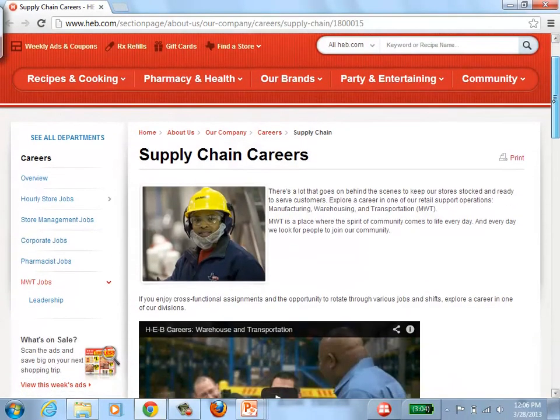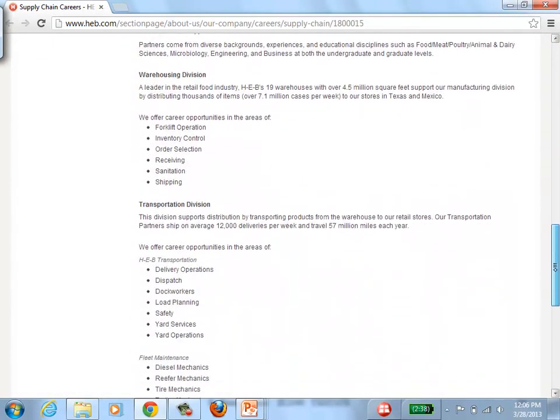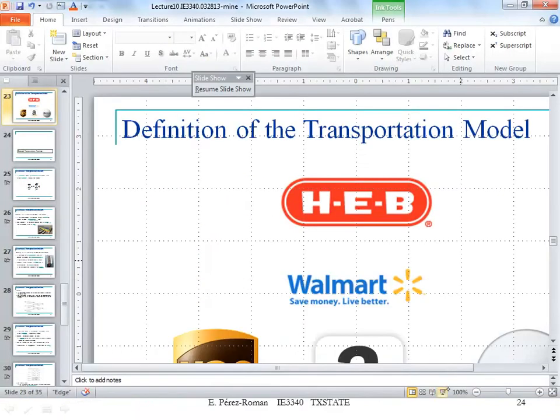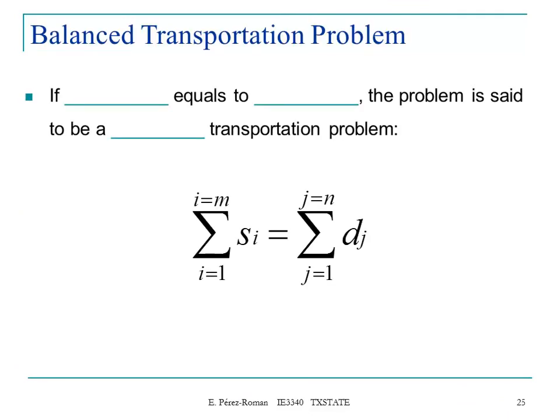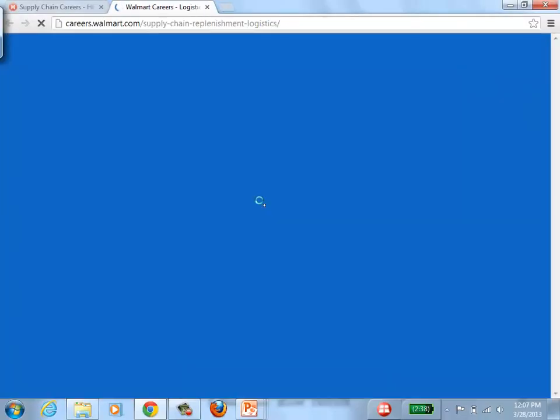Okay, for instance, if you look at HEB, they have a transportation division, and they have a couple of opportunities in that particular area. I was searching for the same thing for Walmart.